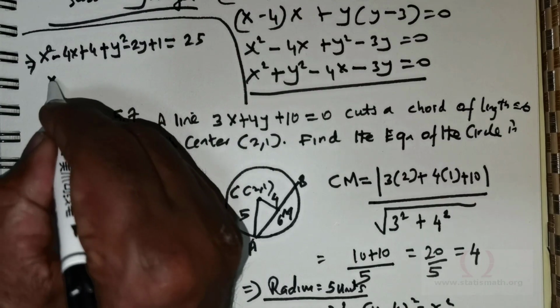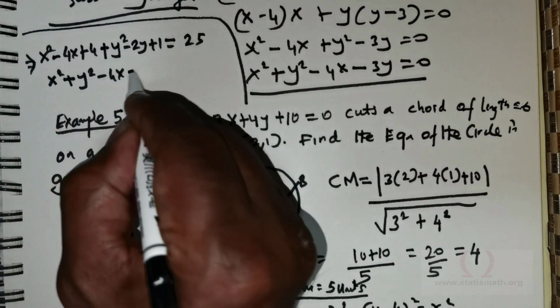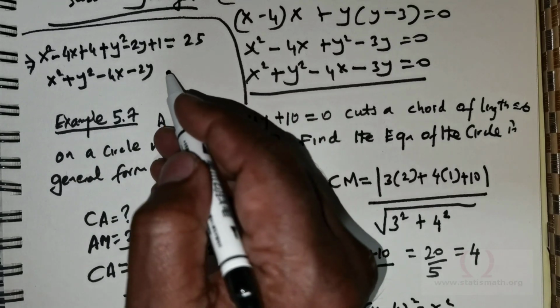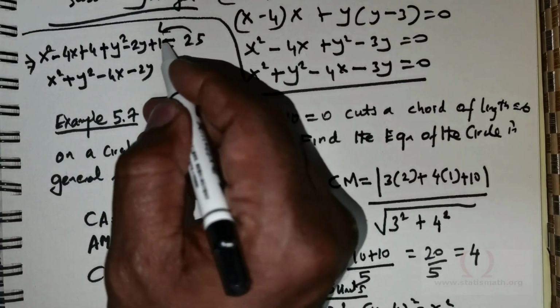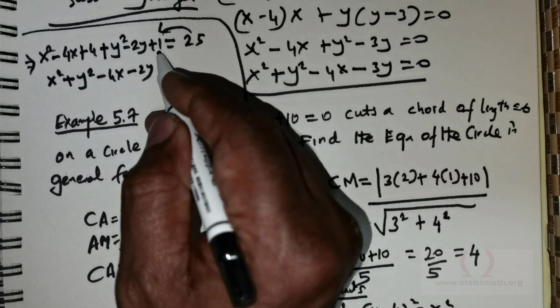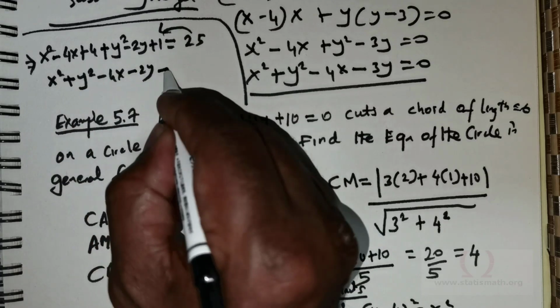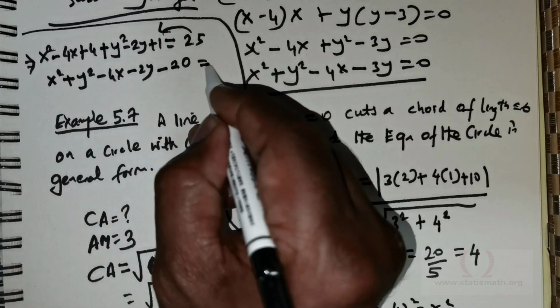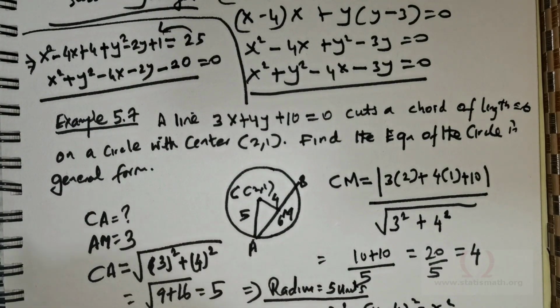Rewriting that gives x squared + y squared - 4x - 2y. I can bring 25 to the left, so I will have a negative 25. Added with 1 gives negative 24, added with positive 4 gives negative 20, equal to 0. This is the required equation of the circle.